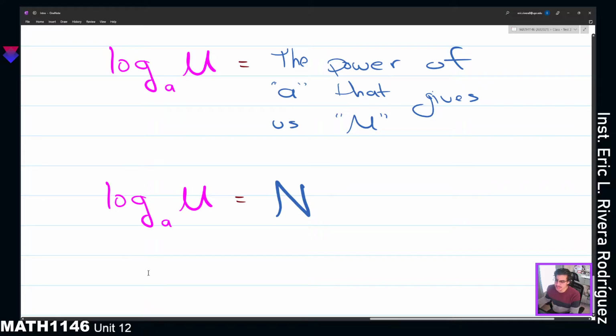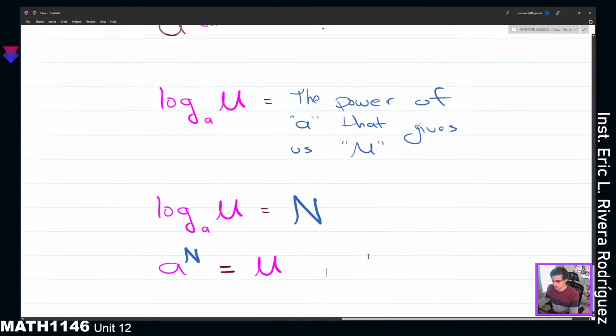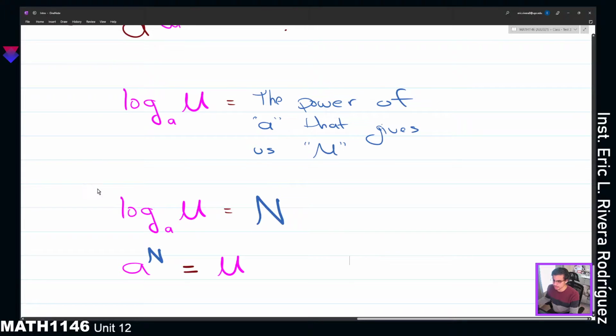So that means that if I take a raised to the power of n, this is equal to m. Okay, let me give you a concrete example.